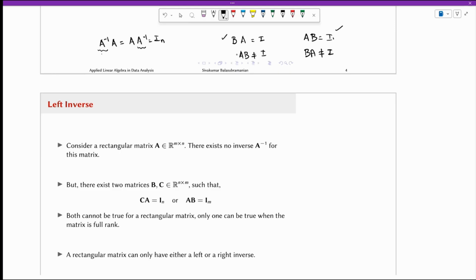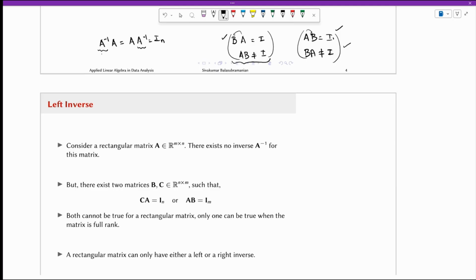Either you pre-multiply by a matrix and you get I, and post-multiply you don't get I, or you post-multiply and you get I, and you pre-multiply you don't get I. Whenever that happens, in this case we say the matrix A only has a left inverse because B is to the left of A. And in this case, we say A only has a right inverse.